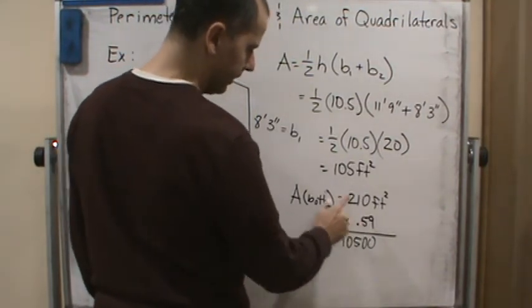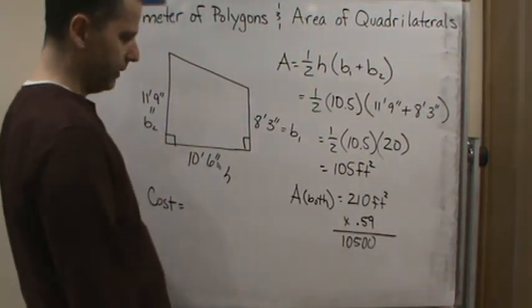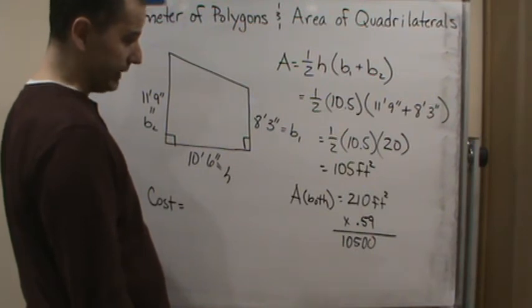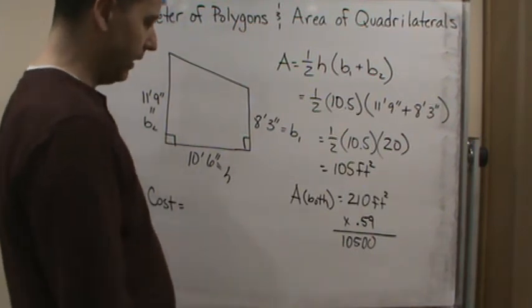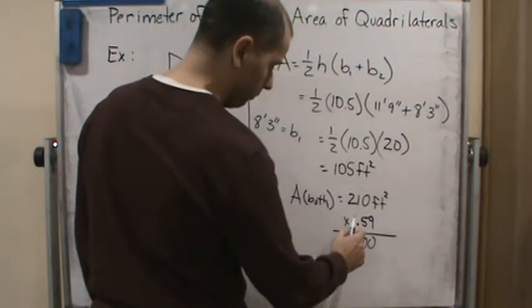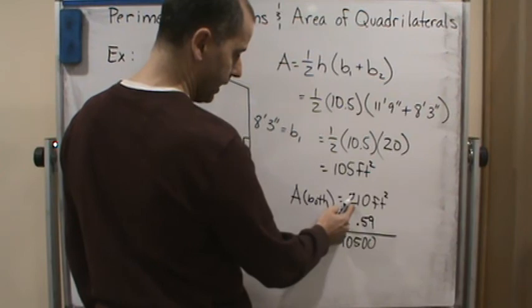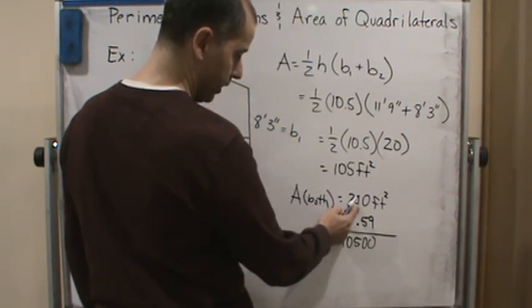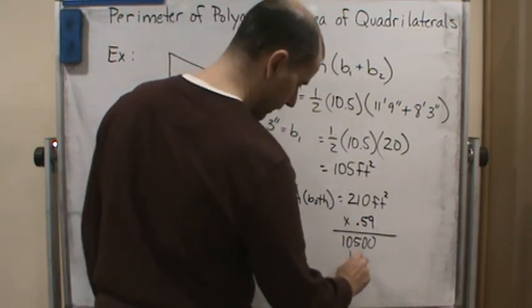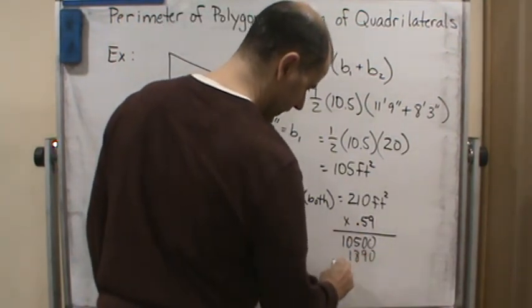And then 9 times 210, well, is going to be what? 1,890, right? 2 times 9 is 18, so that's going to be 1,800, and then 1,890.